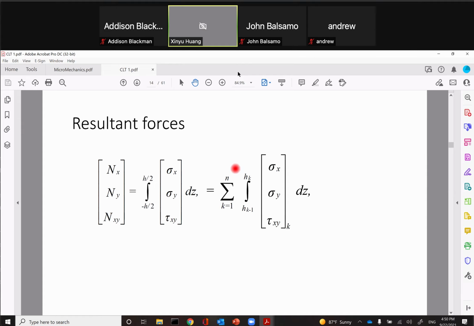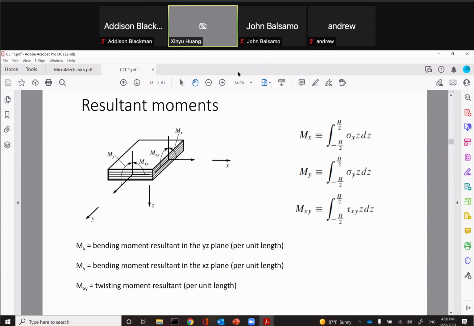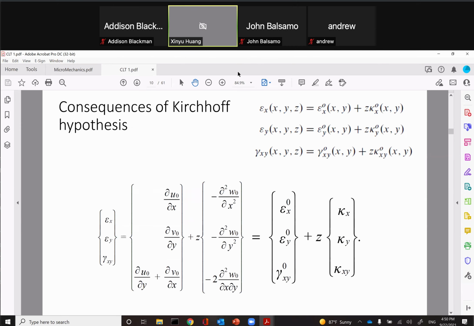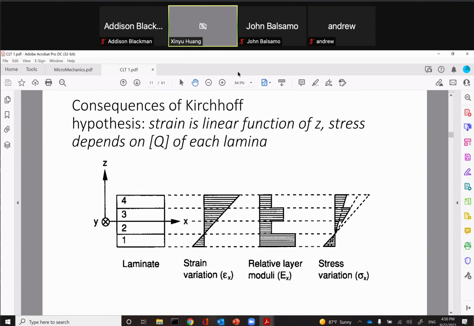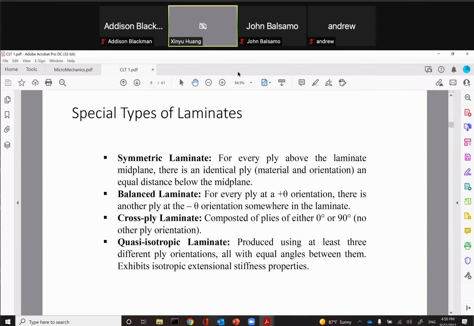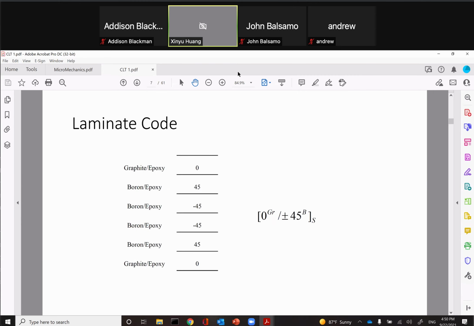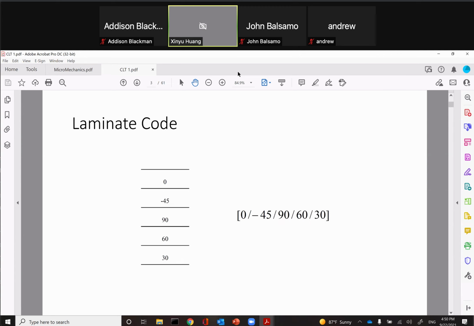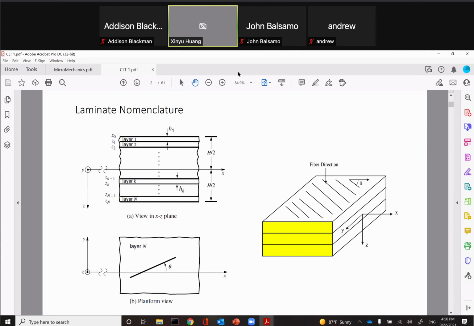This integration can be broken down into layers. When you integrate from minus h/2 to plus h/2, you can integrate from z0 to z1, and then integrate from z1 to z2.